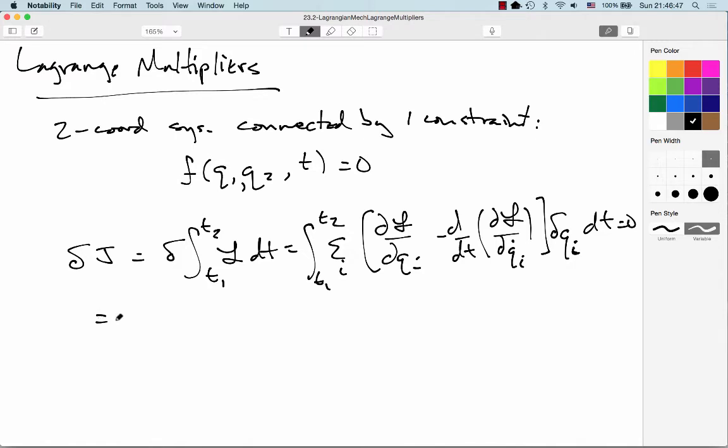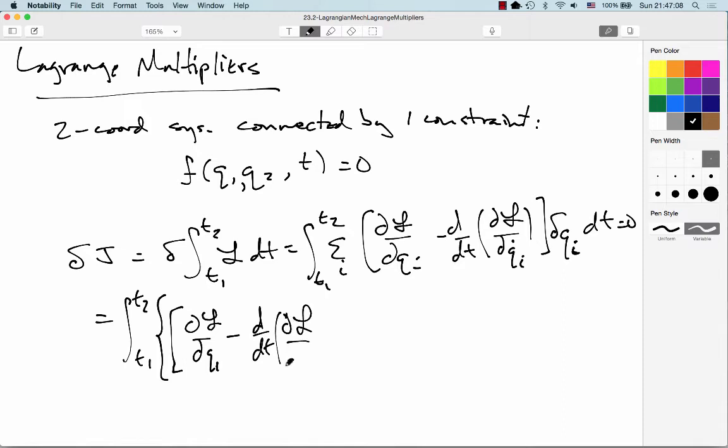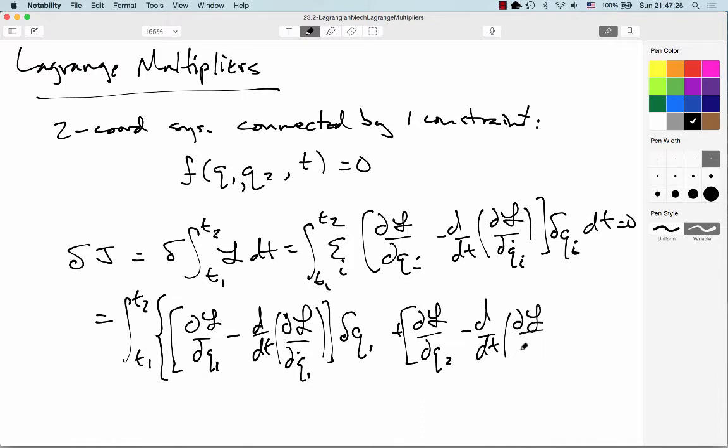This will be equal to the integral from t1 to t2 of, I'll want some curly brackets for once, and then square brackets: partial L partial q1 minus d/dt of partial L partial q1 dot, times the variation in q1, plus partial L partial q2 minus d/dt of partial L partial q2 dot, times the variation in q2, dt.